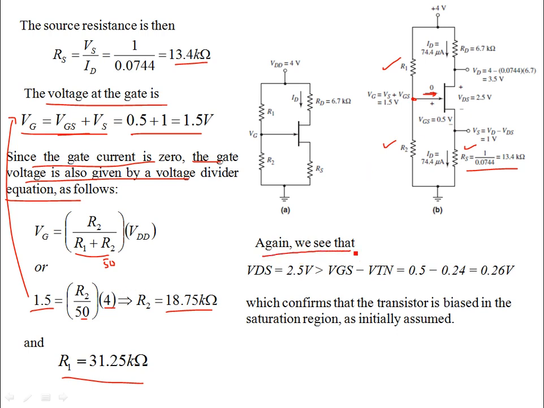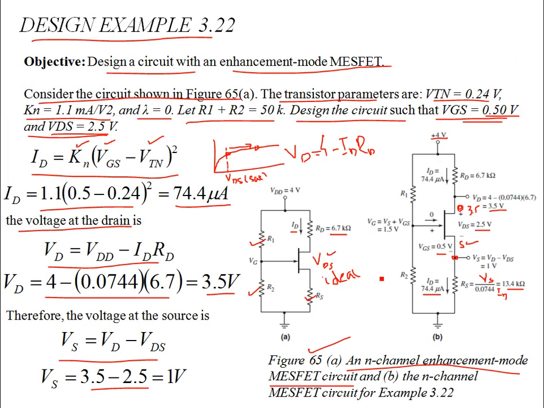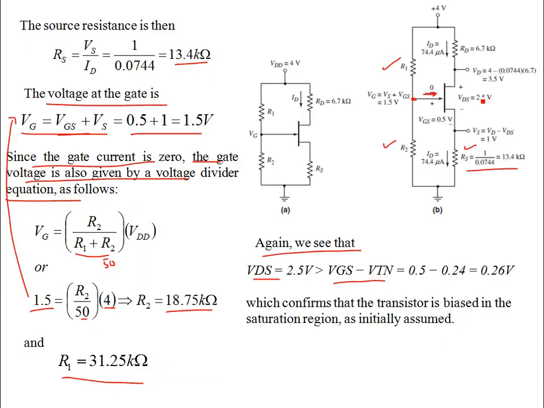Again, to check if this analysis is correct, you have to see if VDS is greater than VDS sat, which is given by the overdrive voltage, the difference between the gate source voltage and the threshold voltage. The threshold voltage was given as 0.24 volts, and VGS is 0.5, so 0.5 minus 0.24 is 0.26 volts.